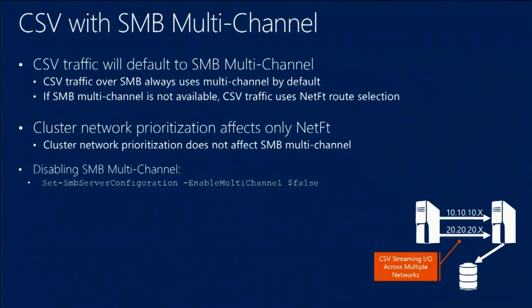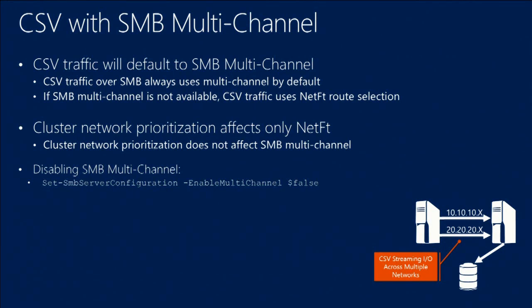Now SMB with multi-channel. I talked about CSV using SMB for its node-to-node communication. So your metadata, as well as all I/O when the storage connectivity is lost on that node, is sent over the wire. Cluster Shared Volume uses SMB to send that traffic. SMB has multi-channel, where, let's say I have 2 or 3 cluster private networks and a couple of public networks, the cluster service picks up those private networks and configures SMB multi-channel to use these networks.